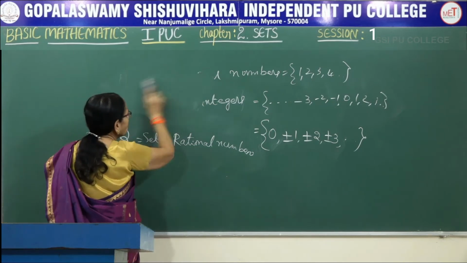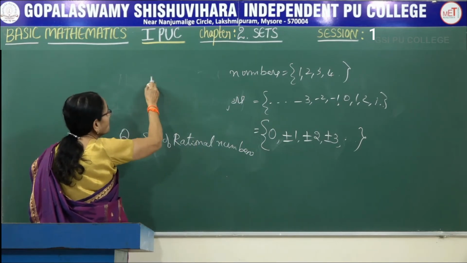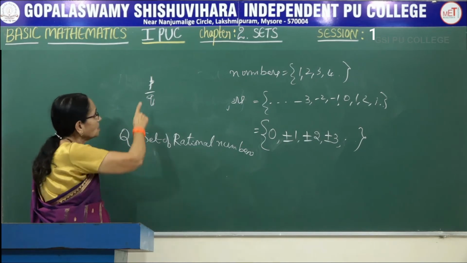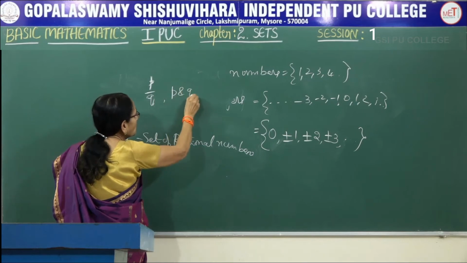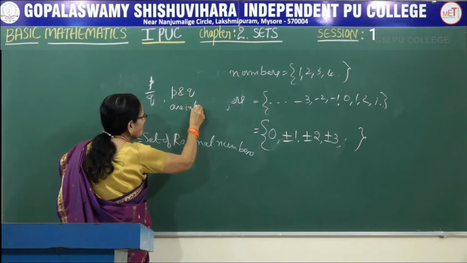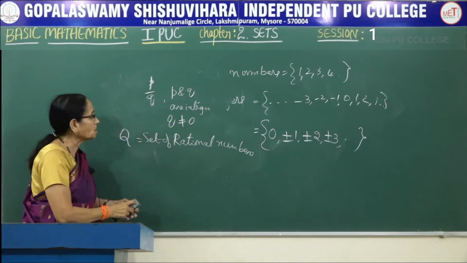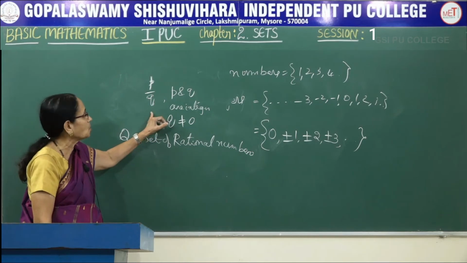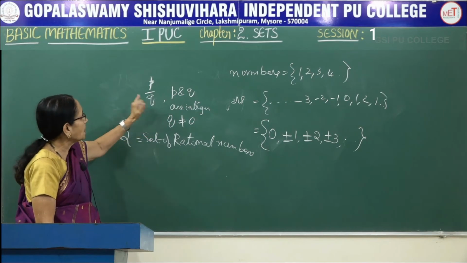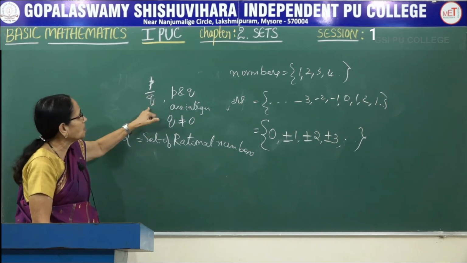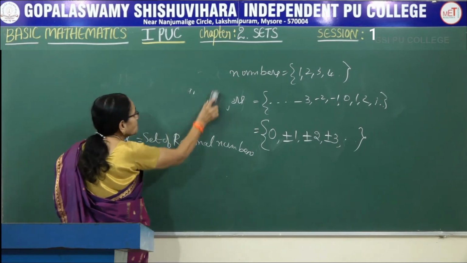A rational number is a number which can be written in the form p by q, where p and q are integers, and q is not equal to 0, because if q takes the value 0, we will be dividing by 0, which is not defined in mathematics. Therefore, any number of the form p by q where p and q are integers and q not equal to 0 is called a rational number.